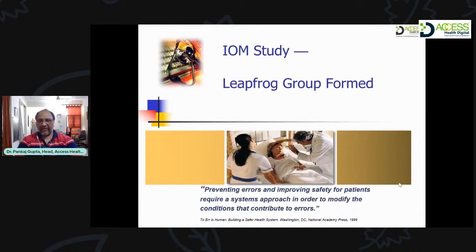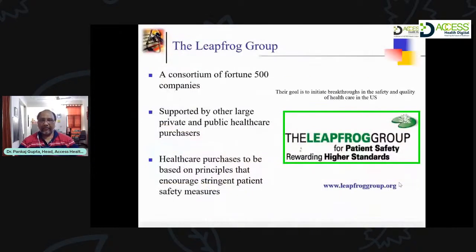That is when the Leapfrog group was created. All of these large enterprises came together and created the Leapfrog group, and they put patient safety standards in place. The Leapfrog group was a consortium of about 500 companies, Fortune 500 companies, supported by large private and public purchasers.